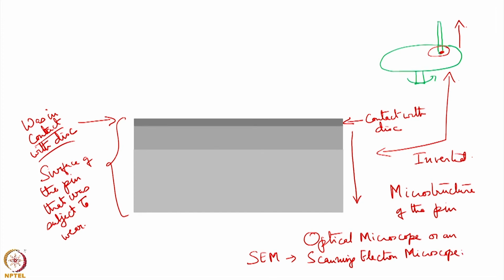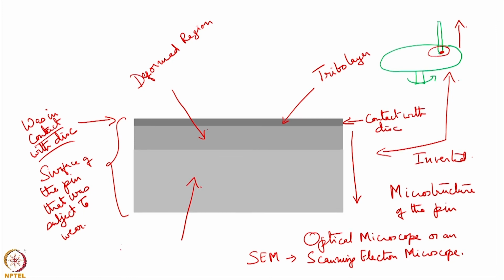Okay. So, when you do this on the wear test, we find that there are 3 major layers usually seen in a typical wear test. The topmost layer is called the Tribol layer, and then we have a deformed region, and then we have the undeformed bulk region.